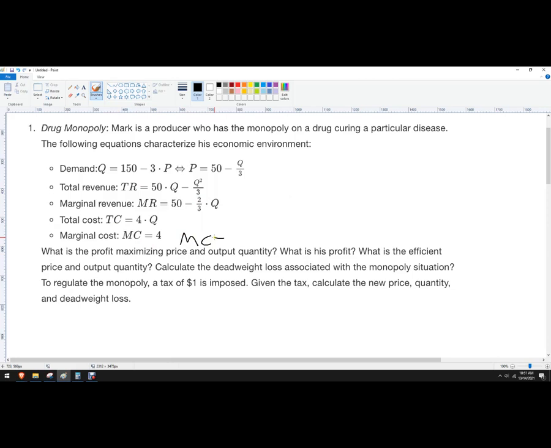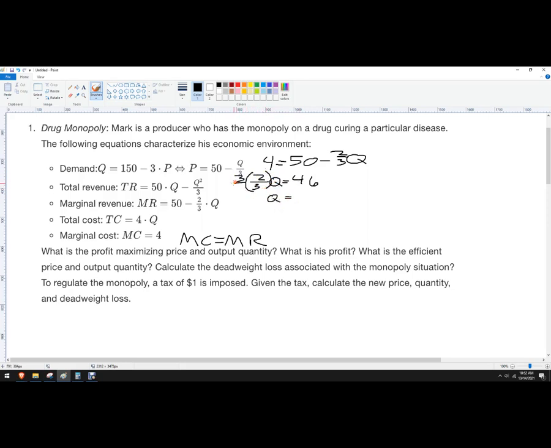So marginal cost is 4, and marginal revenue is 50 minus 2/3 Q. Okay, and so I'm just going to algebraically solve for Q. So I get 2/3 Q equals 46.